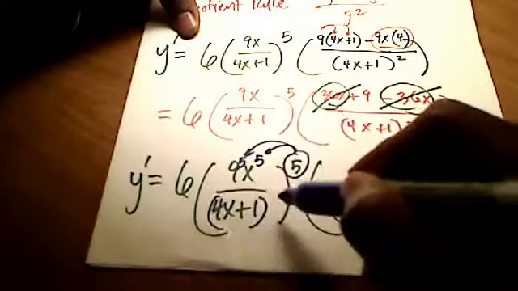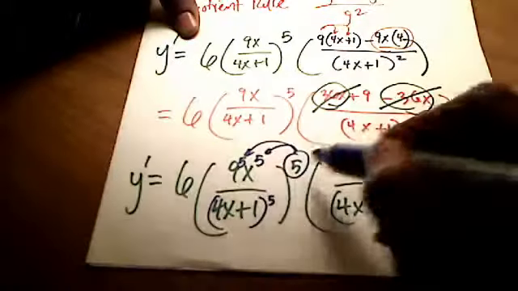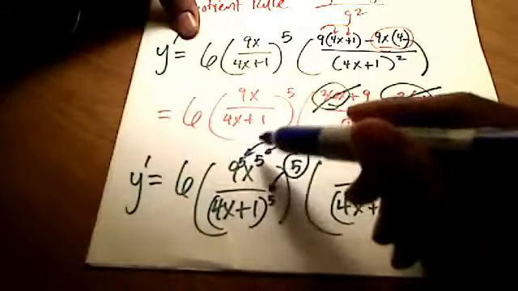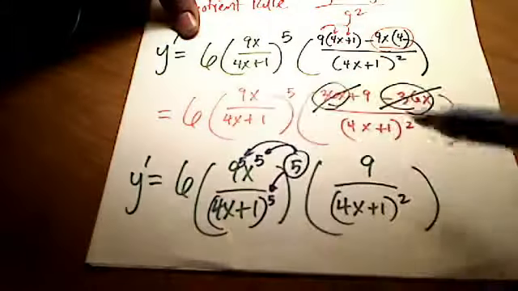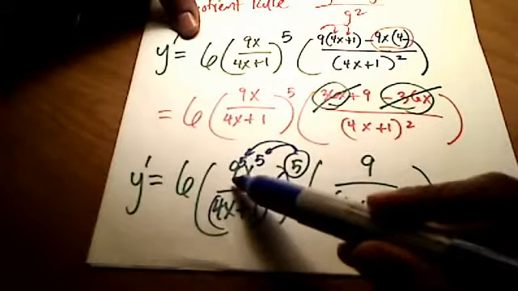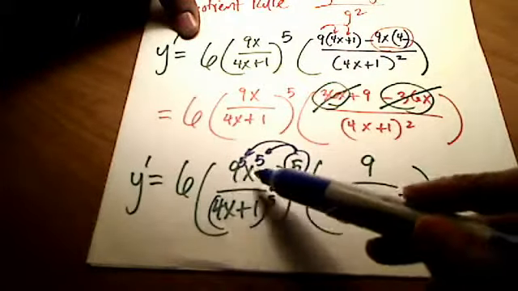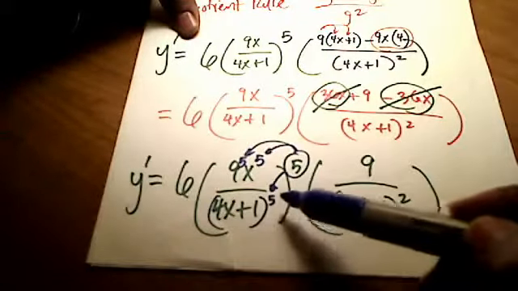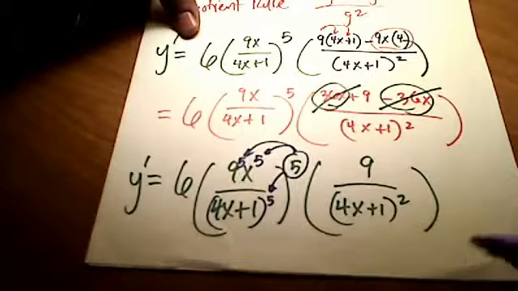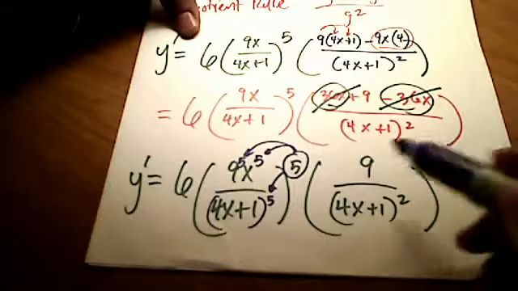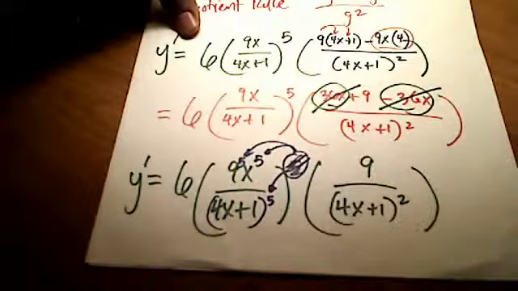It also affects this 4x plus 1 on the bottom. It makes it so that there are 5 of those as well. It's like taking this original fraction of 9x over 4x plus 1 and multiplying it by itself 5 times. So there would be 5 9s and 5 x's on top, as well as 5 4x plus 1s on the bottom. All right, so using exponents is a way shorter way of working this out, okay?